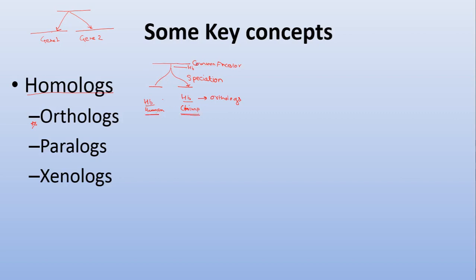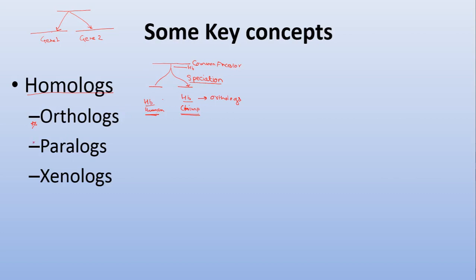The same hemoglobin gene was retained in both species and still performs the same function in two different species, right? Therefore we call such a set of genes orthologs of each other. Orthologs appear due to evolutionary events like speciation. Speciation gives rise to orthologs, right?